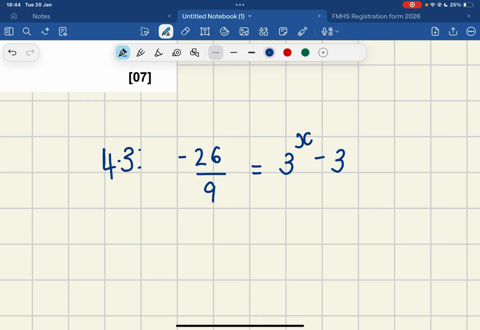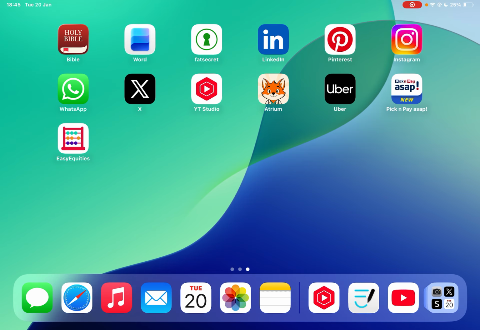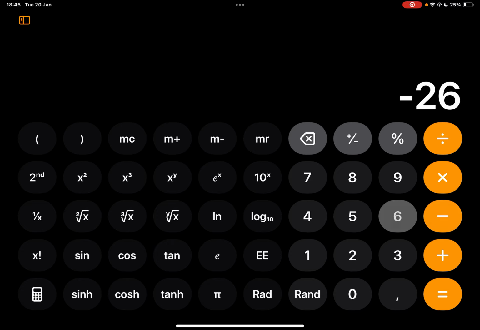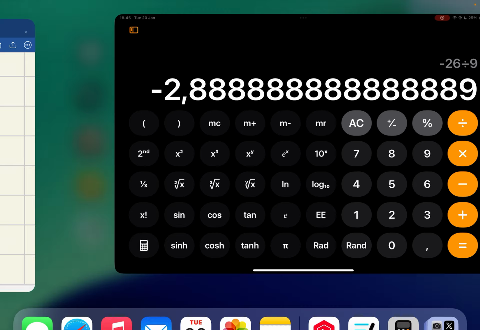So now what we do is we just plug this into our calculator and we would solve. -26 divided by 9, just quickly going to use my phone's calculator.